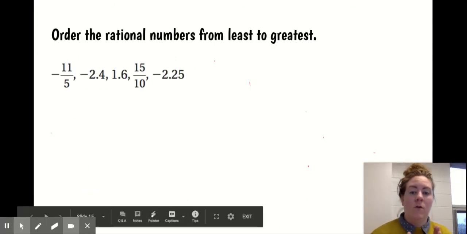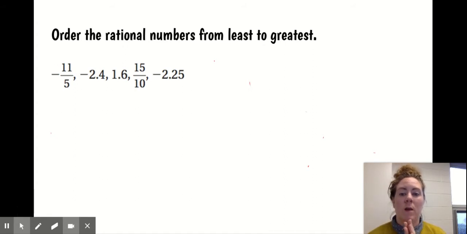Now, to order them from least to greatest, remember our rule is to put them in the same form.